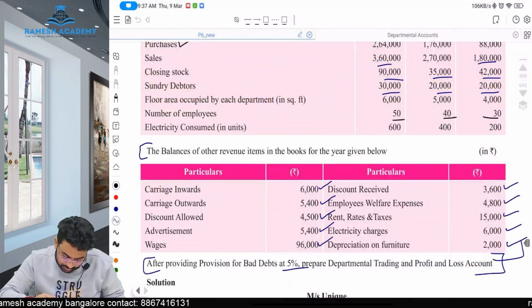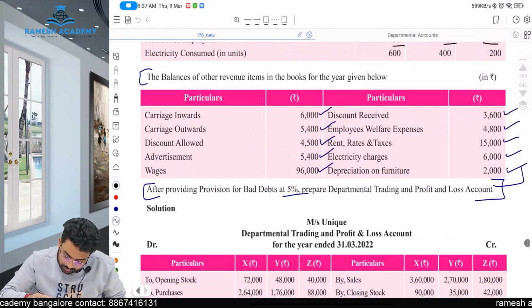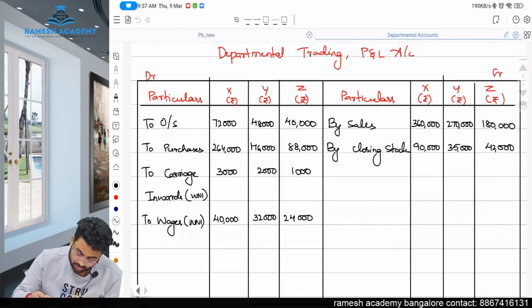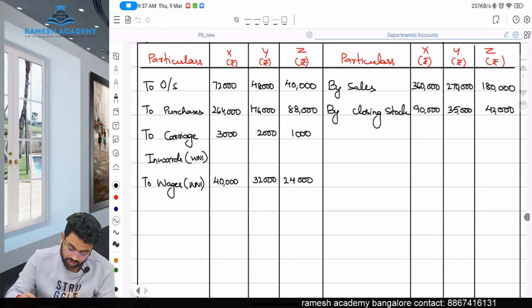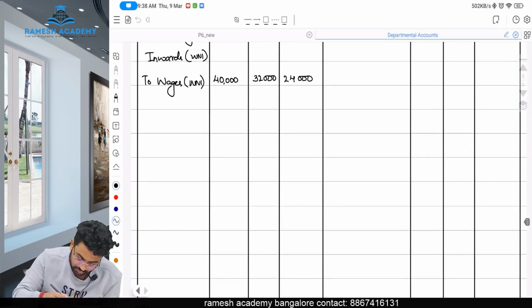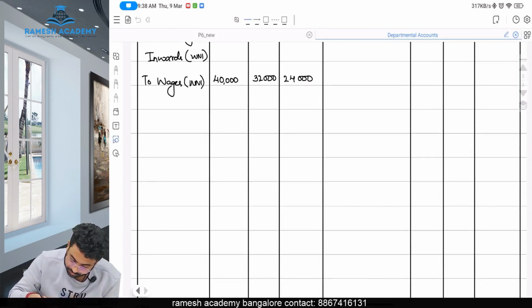Next, let's see which items are there. Discount allowed, advertisement, wages is done, discount received, P&L item, employee welfare expense, P&L item, rent, rates and taxes, P&L item, electricity charges, P&L item, depreciation on furniture, P&L item. So we can find the gross profit. X total is 4,50,000, and there is a gross profit.